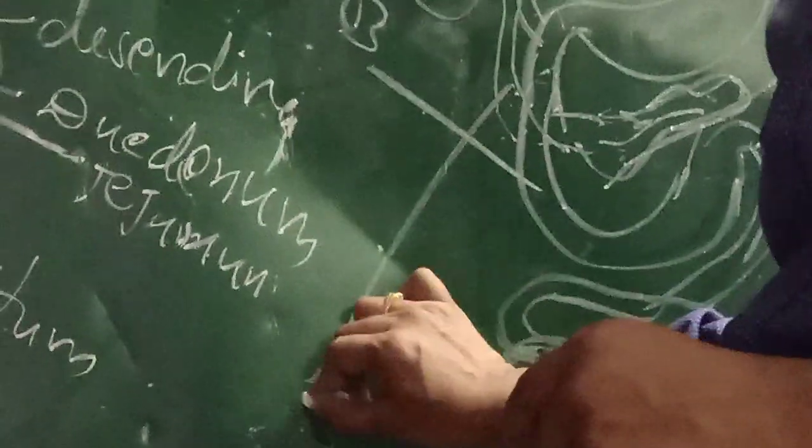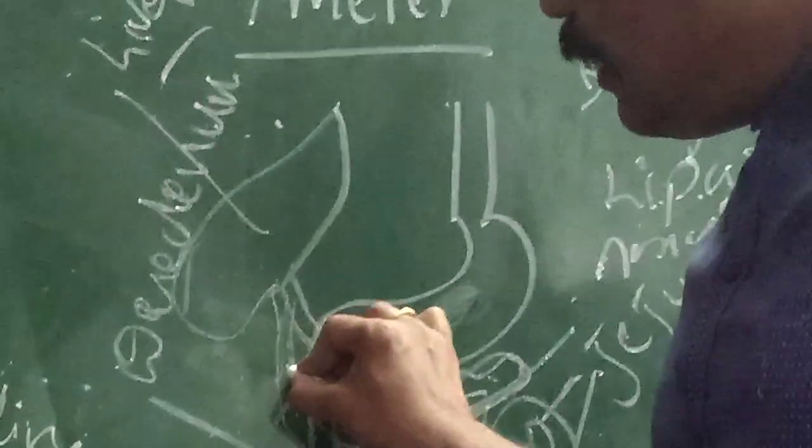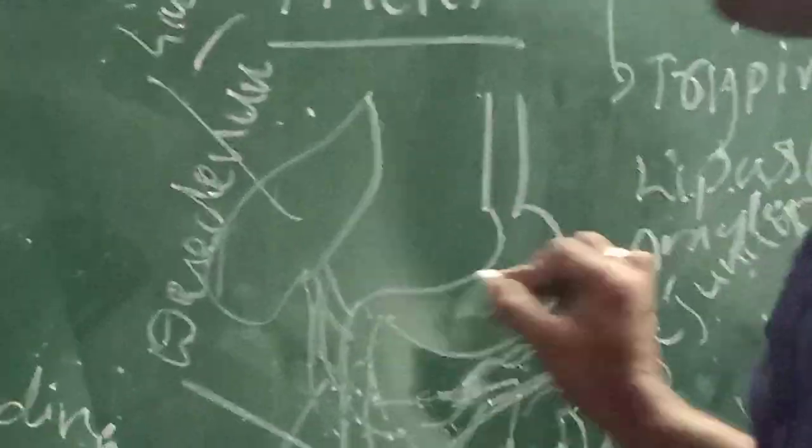The duct name is the hepatopancreatic duct. I will write here. Hepato means liver, pancreatic means pancreas. Both are connected at one place and both open into the duodenum. You have to draw this separately.